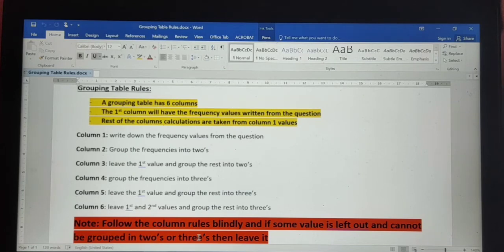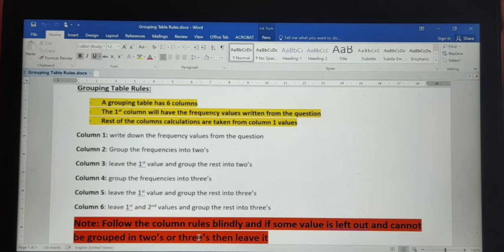In column 3, leave the first value and group the rest into 2s. Column 4 says group the frequencies into 3s. Column 5 says leave the first value and group the rest into 3s. And the last column says leave the first and second values and then group the rest into 3s.